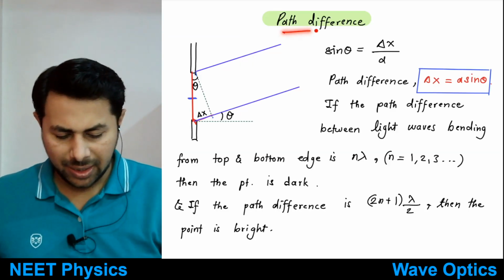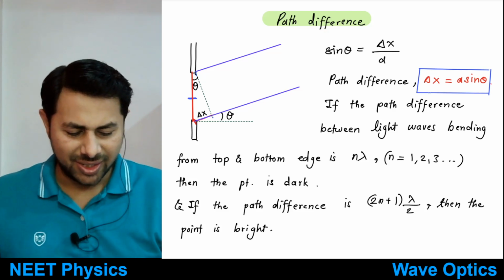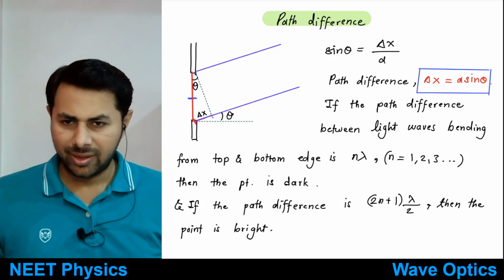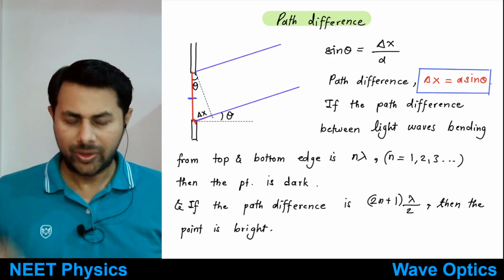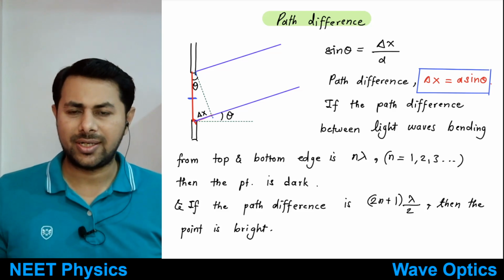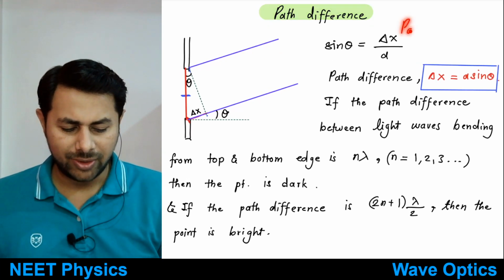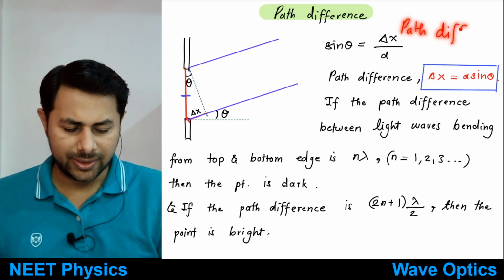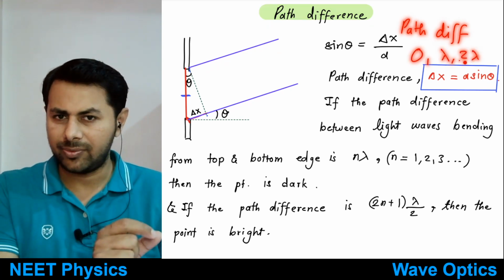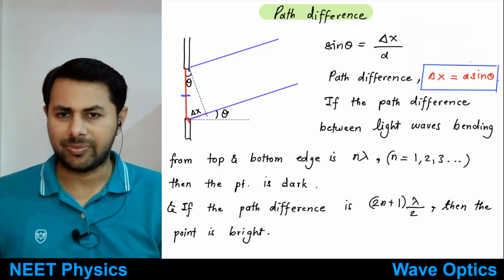Now I'm going to explain an important point. We have seen the path difference delta x is equal to A sine theta. Now what was the condition for constructive and destructive interference in Young's double slit experiment? If the path difference is equal to 0, lambda, 2 lambda, that is integer multiples of lambda, then there was constructive interference.